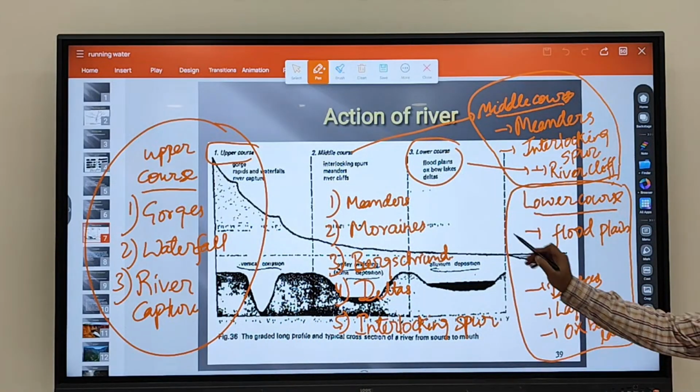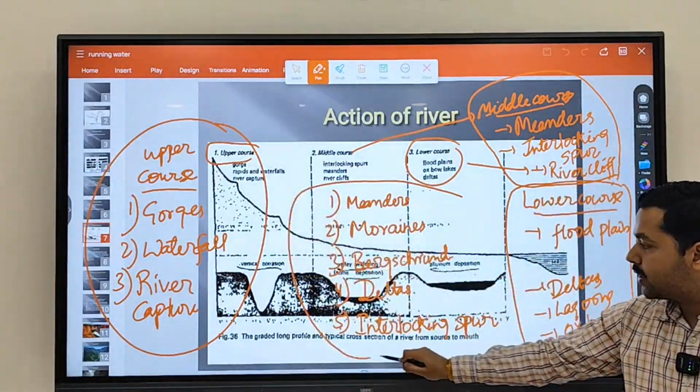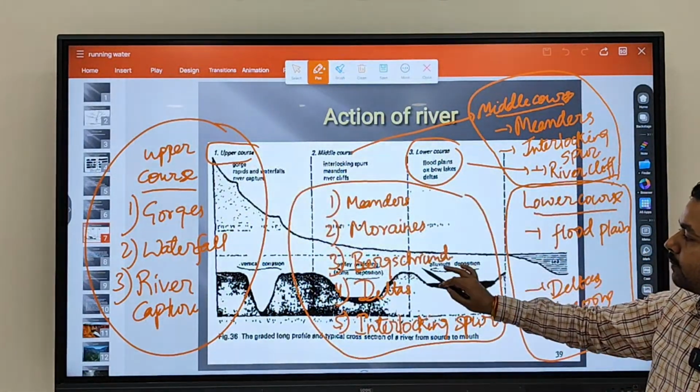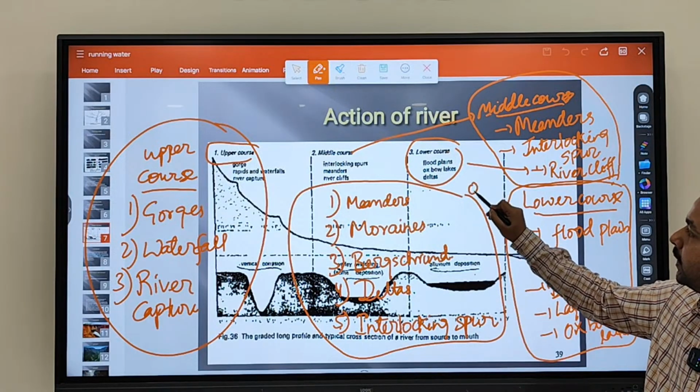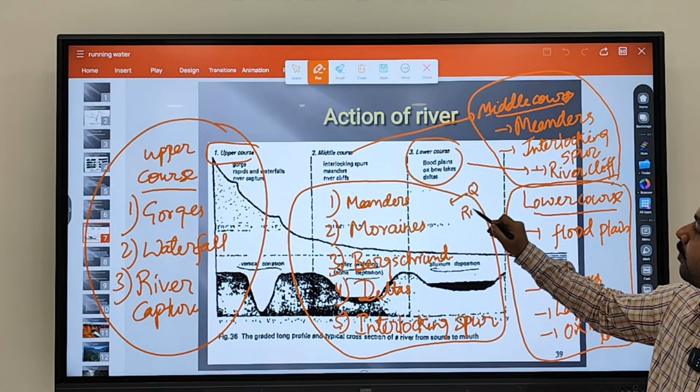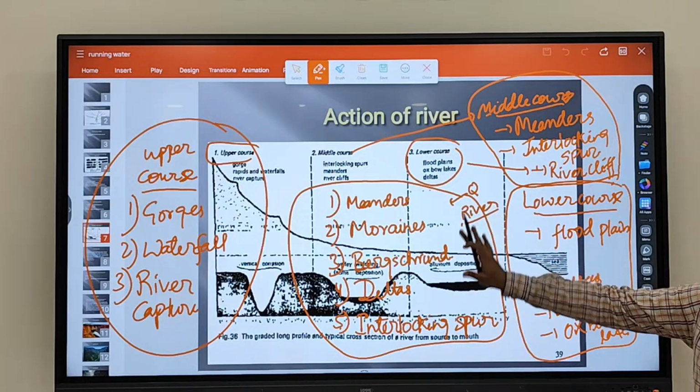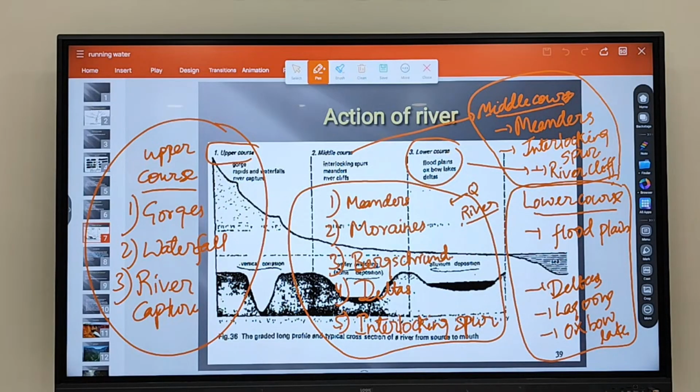These are five landforms which are given: meanders, moraine, Bergschrund, deltas, and interlocking spur. The question can be: which of the following landforms form due to the action of rivers? So if that question comes, what will be your answer? 1, 4, 5. Yes, okay.